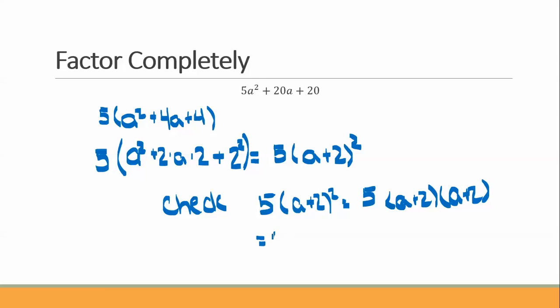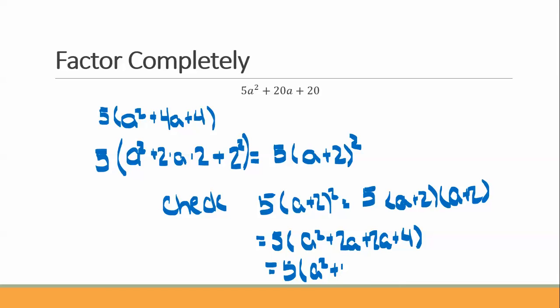So that's 5 times a squared plus 2a plus 2a plus 4. So that's 5 times a squared plus 4a plus 4, which is 5a squared plus 20a plus 20. So it indeed checked out.